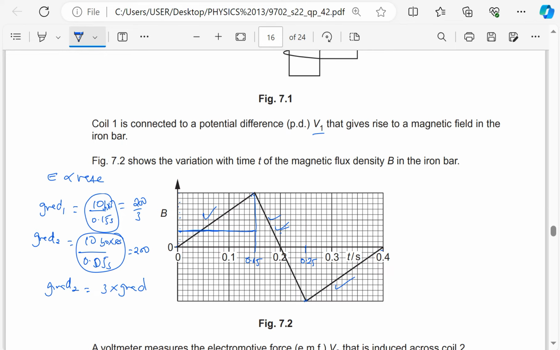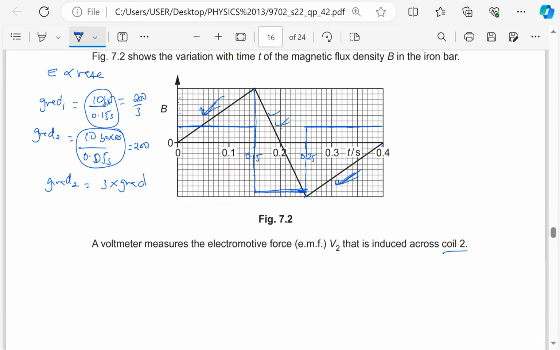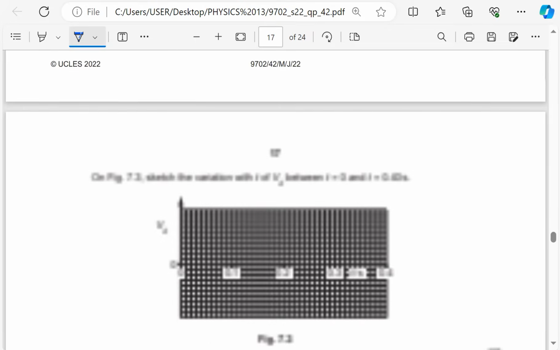But remember the gradients are in opposite directions, because this part is positive. By the way, this is also positive, so this will also be 3 boxes here. And then this part will be negative because the gradient here is negative. So I'll go down 9 steps from the x-axis. 1, 2, 3, 4, 5, 6, 7, 8, 9. So for this part, I'll have a step like that.